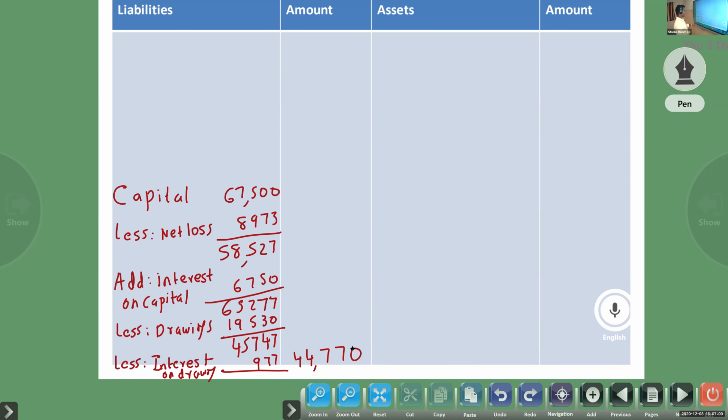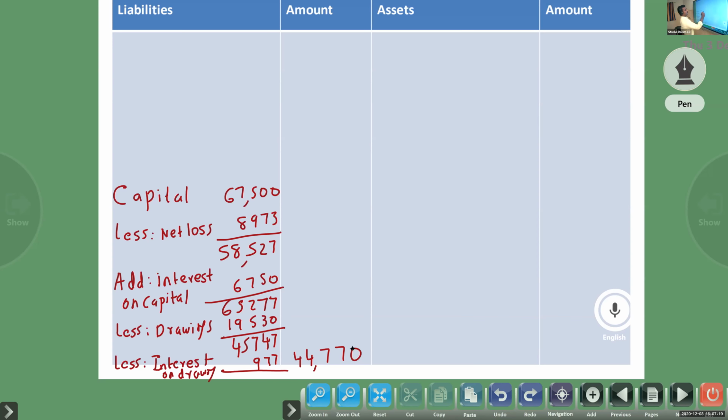Next, this is the closing capital. If you want to find the opening capital from the closing capital, what we less, we have to add, and what we add, we have to less. That we'll study. We got closing capital 44,000.